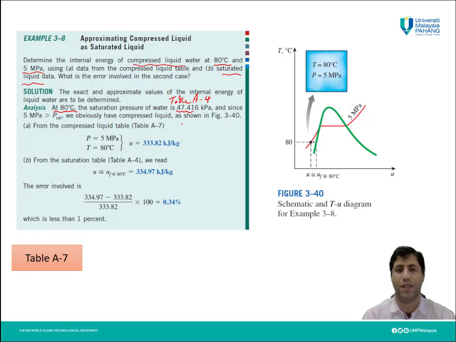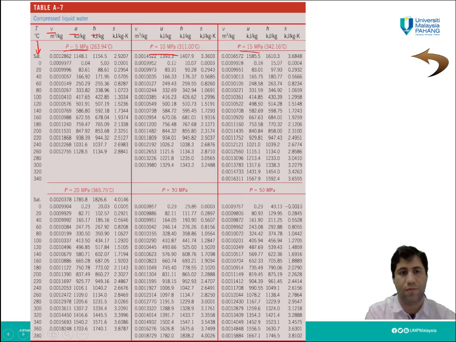However, it was mentioned that for part A we use the compressed liquid table, table A7, where we can easily find these properties. Let's go to table A7: 5 megapascal pressure, temperature 80 degrees Celsius.